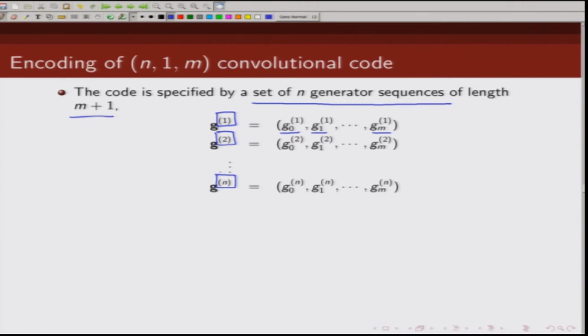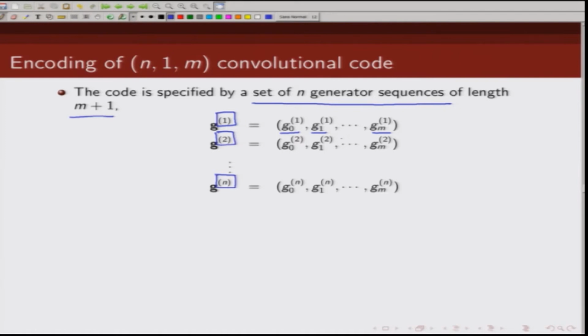The first output sequence is specified by the generator sequence G1. The second output sequence is specified by the generator sequence G2, and the nth output sequence is specified by the generator sequence Gn. And what are these Gi's?